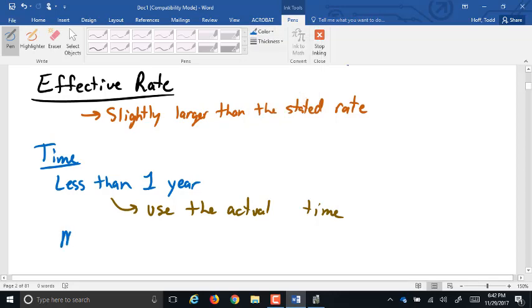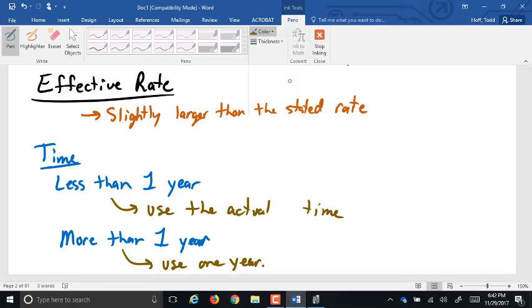If the time of the loan is more than 1 year, we use 1 year. What on earth does he mean by that?